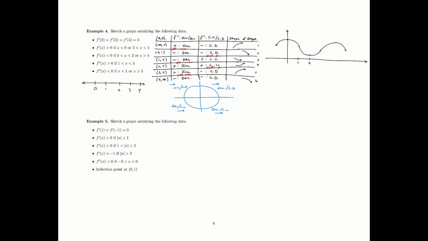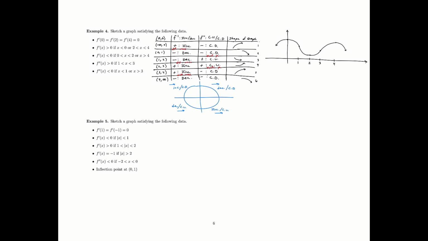So there's 2. Looks like we've got another inflection point at x equals 3. Yep, 3. And then we've got another local maximum here at x equals 4. Concave down from 3 and onward. So that is one way to organize all that information. All of these things were satisfied. So that is a graph that works out.